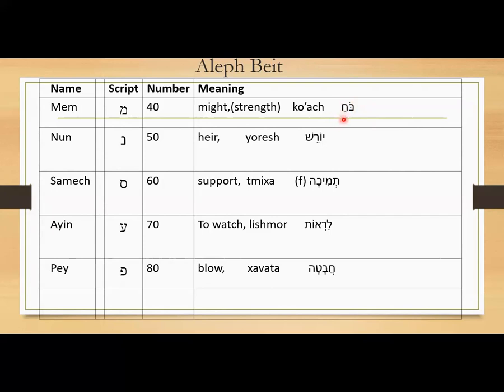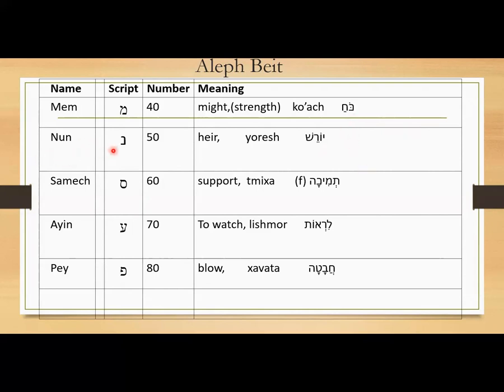You first say that thing beneath the chet at the end. It's usually a chet at the end that has the patach underneath it, so you say ko-ach, because you've got to have your vowels for your consonants. Okay.